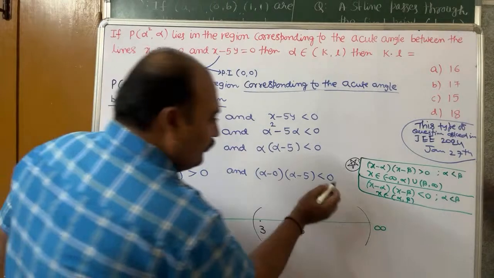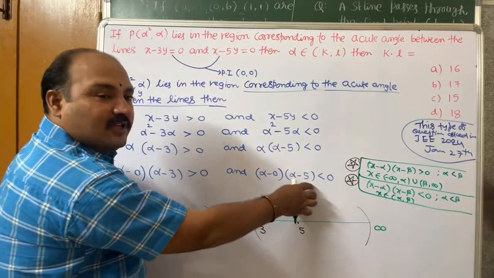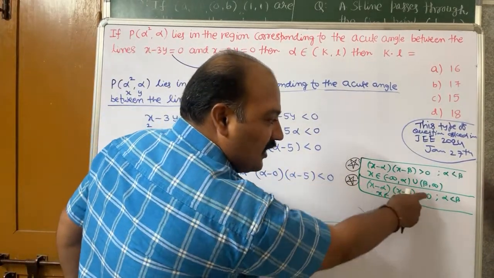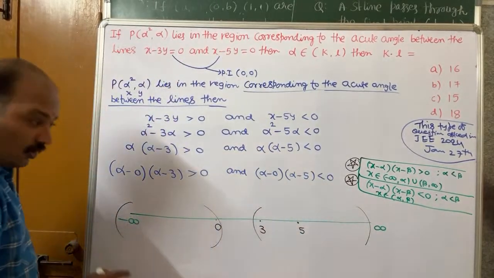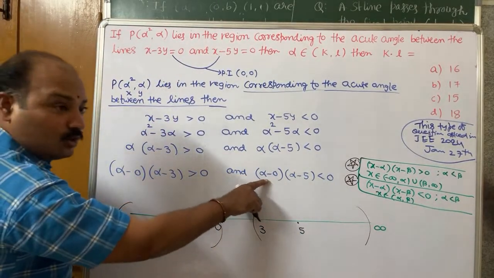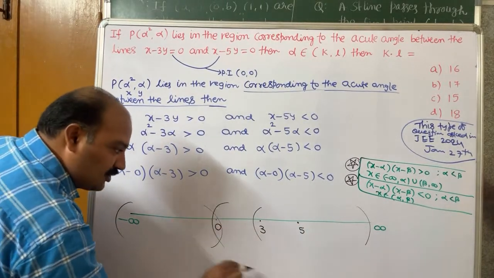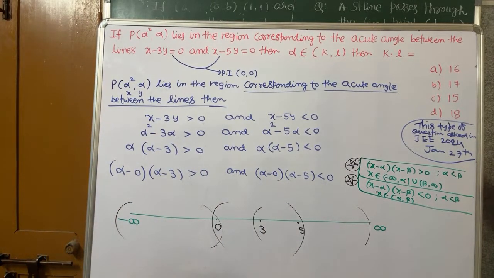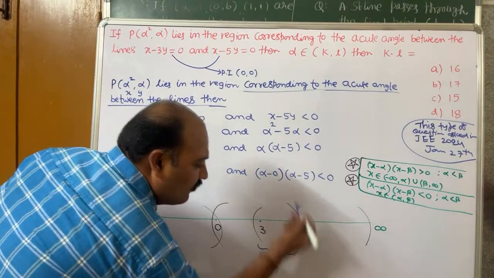Now come to the second inequality, that is alpha minus 0 into alpha minus 5 is less than 0. Whenever x minus alpha and x minus beta is less than 0, x belongs to alpha comma beta. So 0 comma 5, alpha belongs to the open interval 0 and 5. So by observing the common interval, it will become this one.